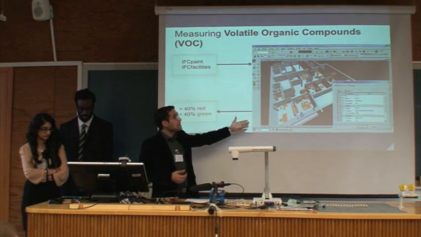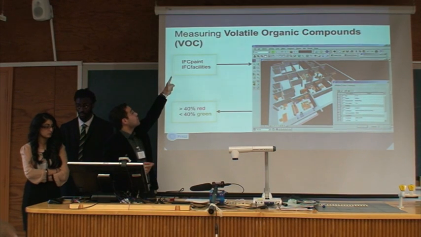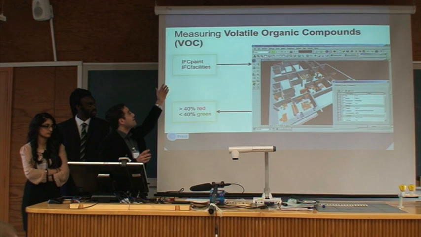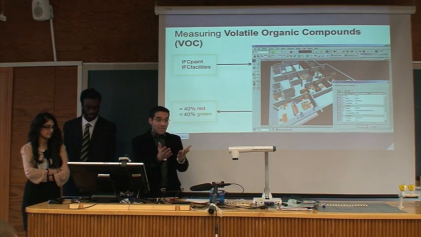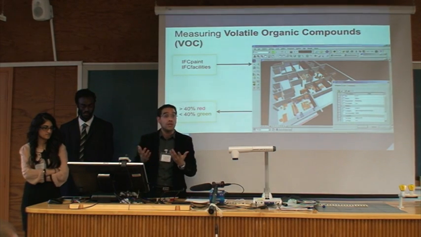So the paint is going to have its own ID for VOC percentage, so we're going to pick up the IFC ID for paint, and then the IFC for facilities. And facilities, as I said, could be the furniture, could be the chair, each chair or all of them. They're going to have a certain percentage of VOC.